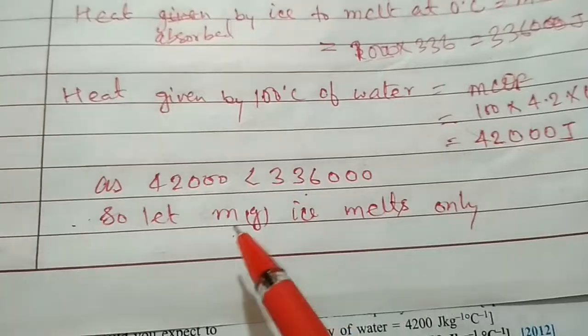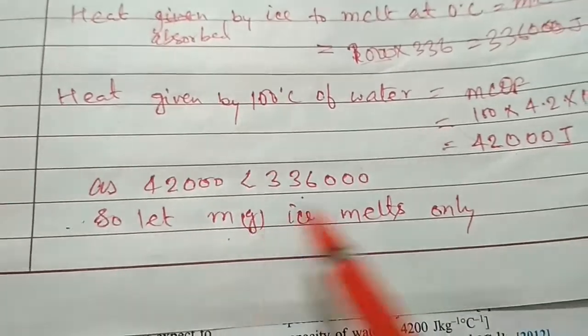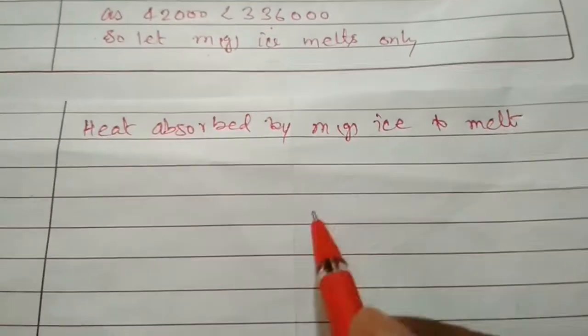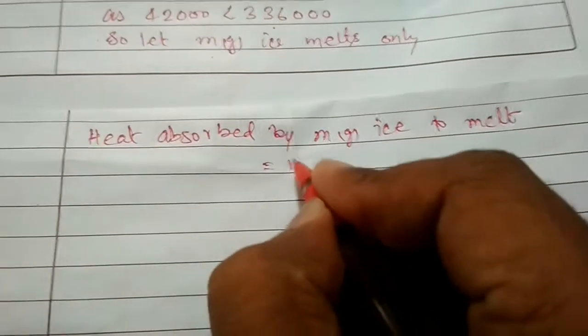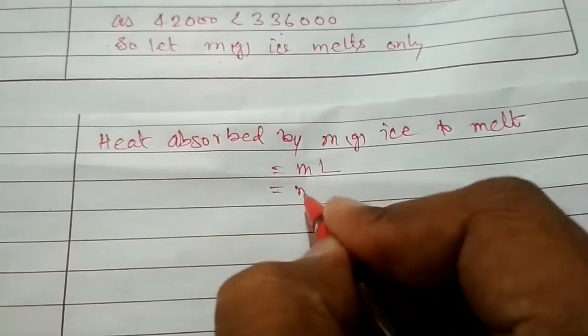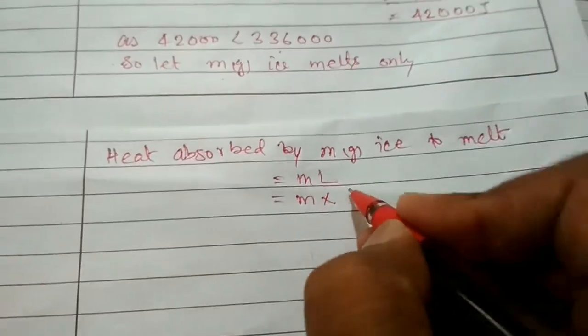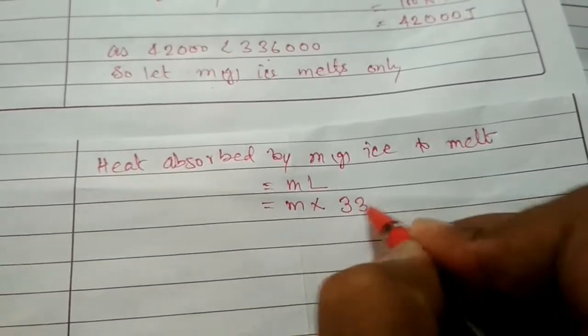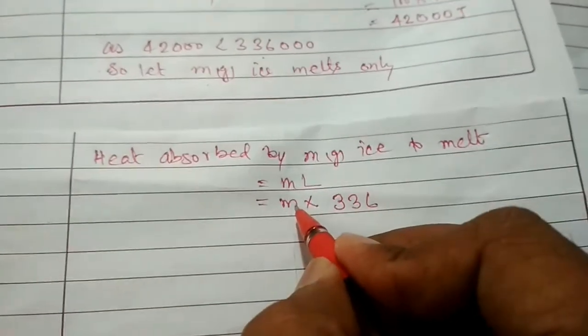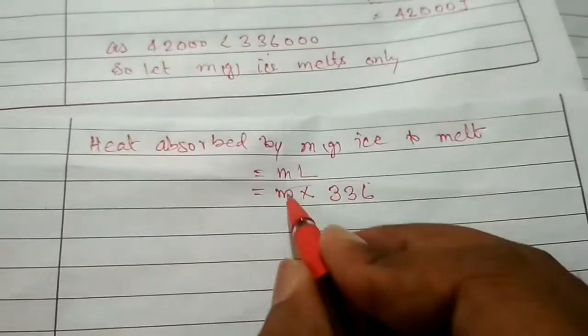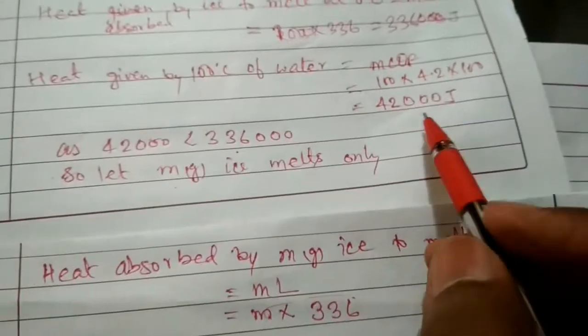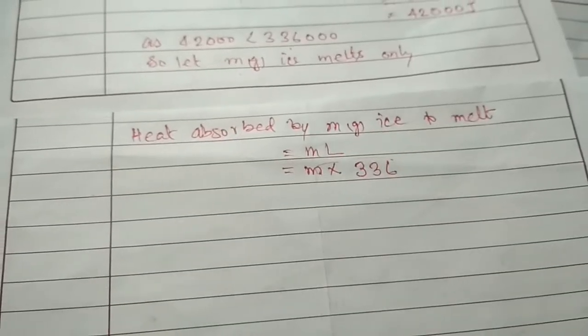Now we will calculate the heat absorbed by m gram of ice to melt only. See, this is equal to mL. We don't know the mass, but we know the specific latent heat, which is 336. We are considering that the mass is in gram. So this amount of heat absorbed and this amount of heat given must be equal using the principle of calorimetry.